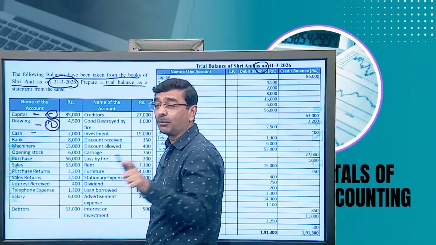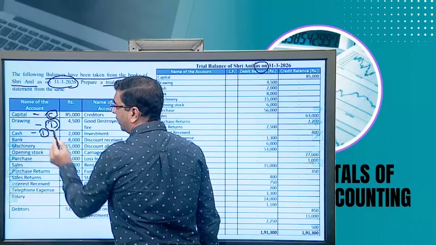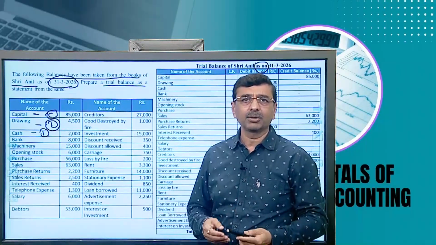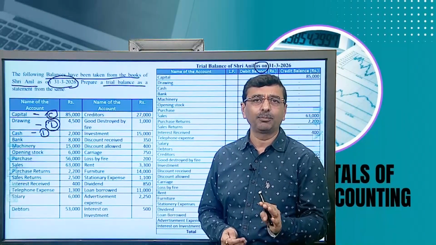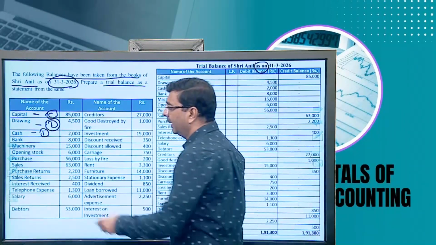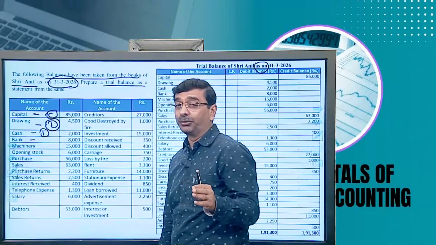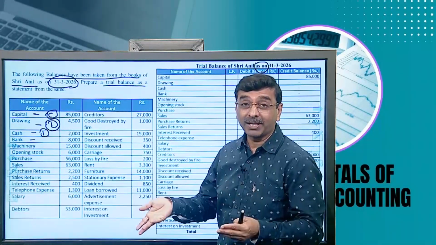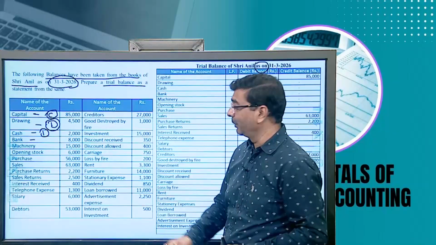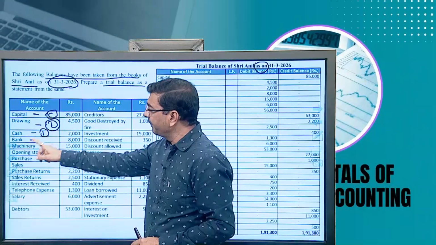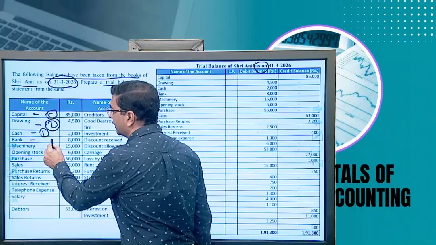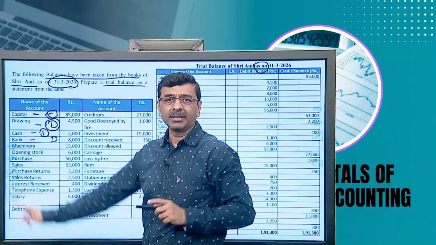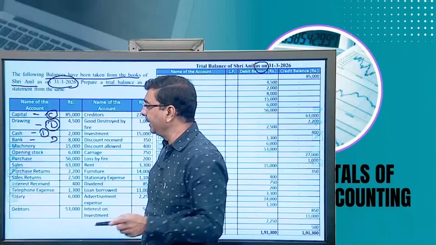Cash is always debit because it's an asset, and cash can only be a balance, it cannot be negative. Bank can be both: bank can be an overdraft and it can also be a balance. But if it is written only bank, not overdraft, then the bank balance is considered debit. If it is written bank overdraft, then it's credit.